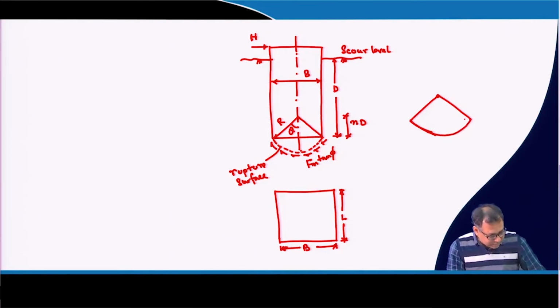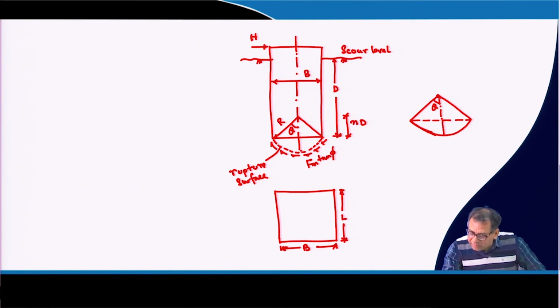So, this is the rupture surface, and this is the center line, and this angle is theta.